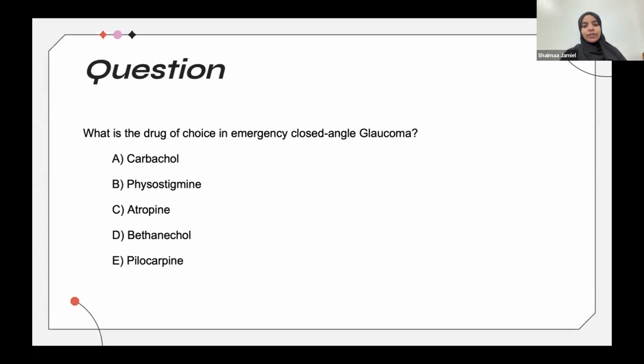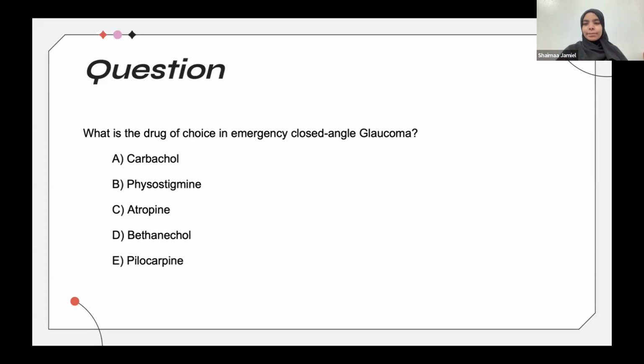Atropine, yes, atropine overdose. Atropine is anticholinergic and is in fact contraindicated in people who have glaucoma because it's going to worsen it and might cause blindness. Beta-lactams is the drug of choice in, yes, tricyclic antidepressants too because they also cause anticholinergic effects.